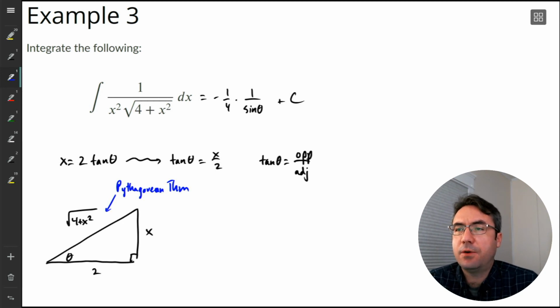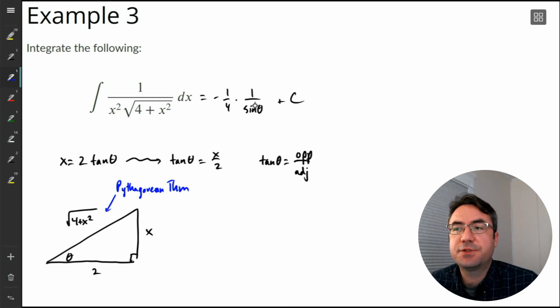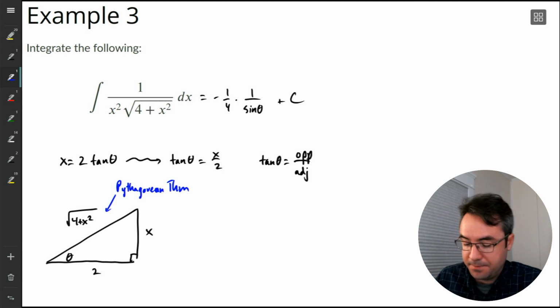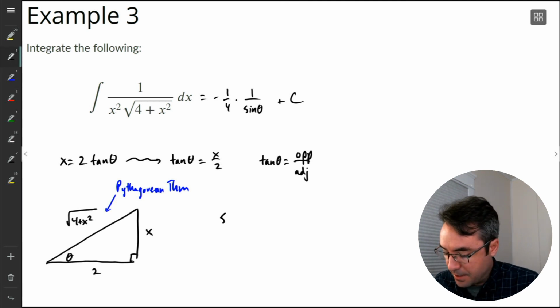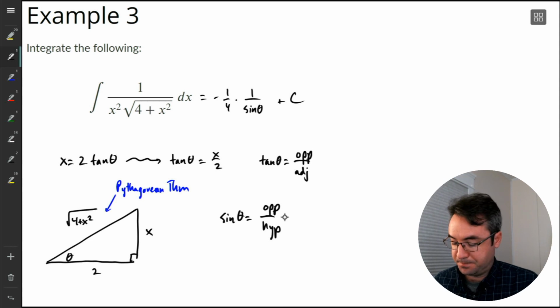All right, so now in our antiderivative so far, we have 1 over sine theta. So let's figure out what sine theta is. It's the opposite side over the hypotenuse. So the opposite side we said was x. The hypotenuse we said was that square root term.